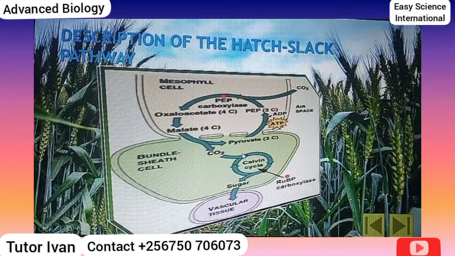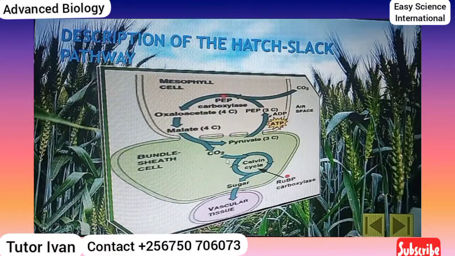Now, in this Calvin cycle and in these bundle sheath chloroplasts, we find another enzyme known as ribulose bisphosphate carboxylase. This is the enzyme which catalyzes the fixation of carbon dioxide to form for us the sugar after the Calvin cycle.